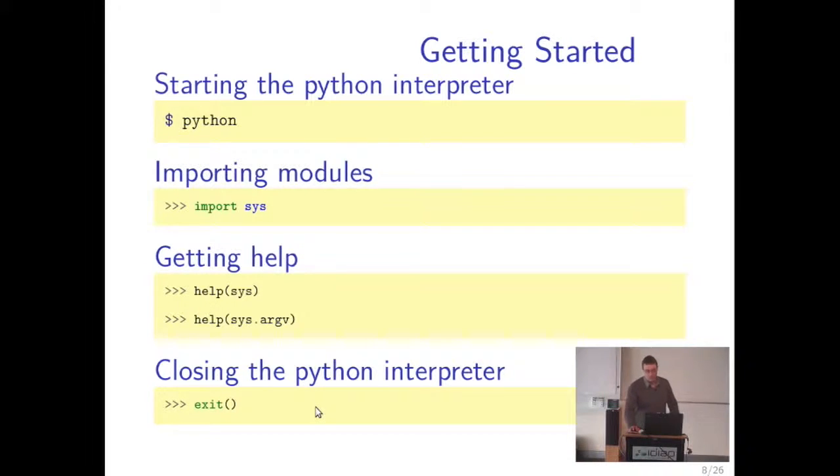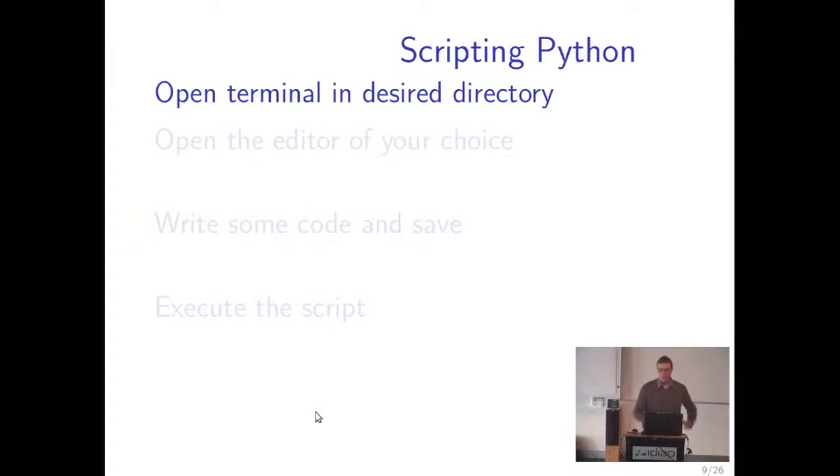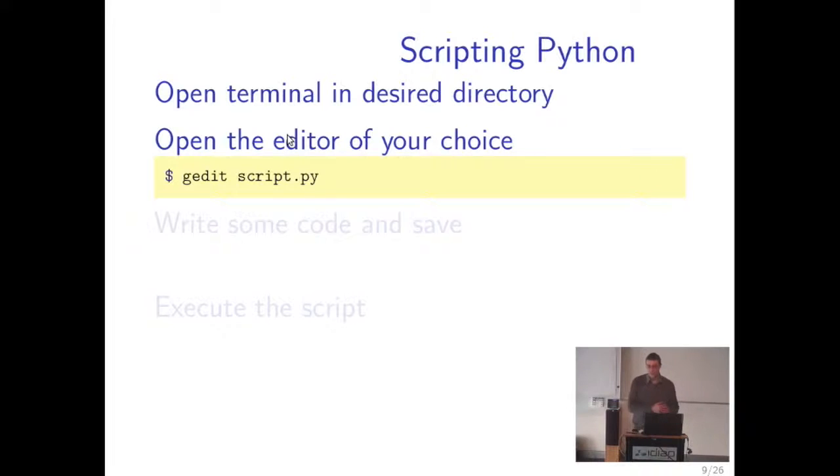That was the Python interpreter, but sometimes you want to store the information, to execute some commands multiple times, and then you would like to script something. So to script Python, you first open a terminal in the desired directory.